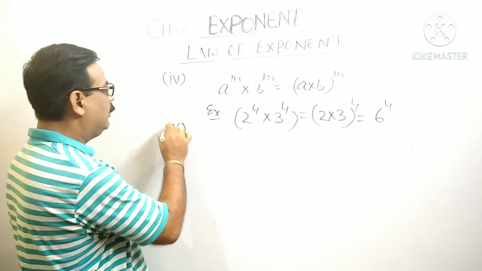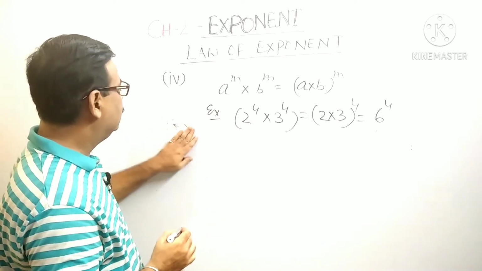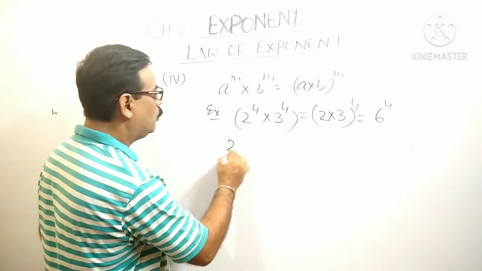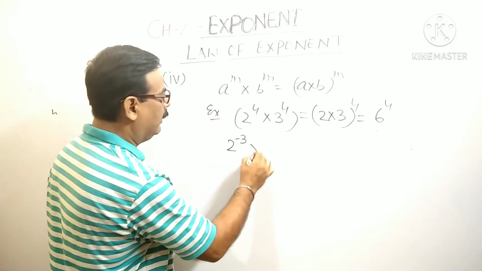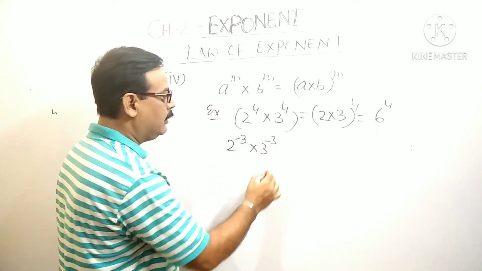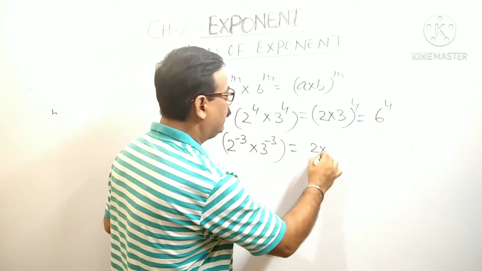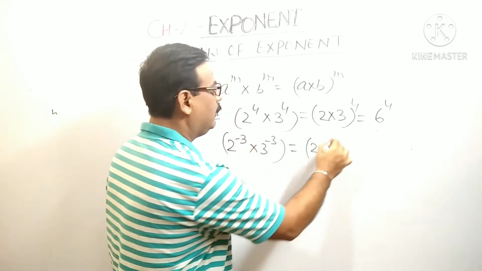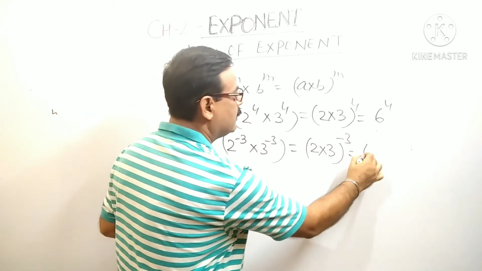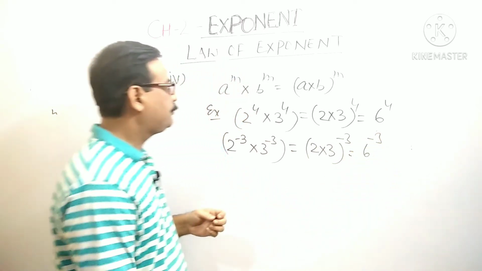Another example: 2 to the power minus 3 and 3 to the power minus 3. From the law of exponent, 2 into 3 and the power will remain the same. So here it is 6 to the power minus 3.